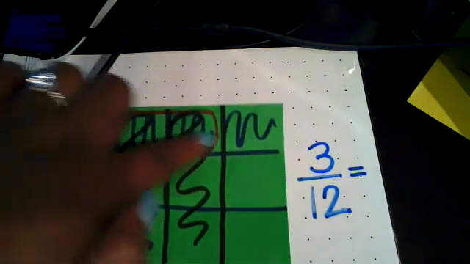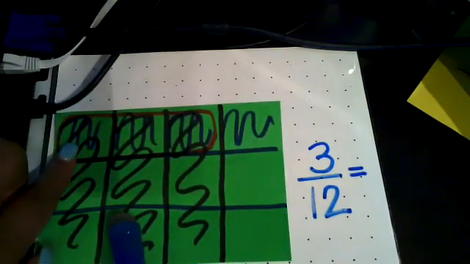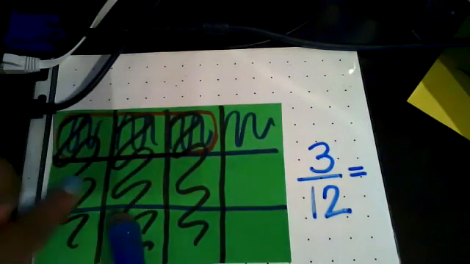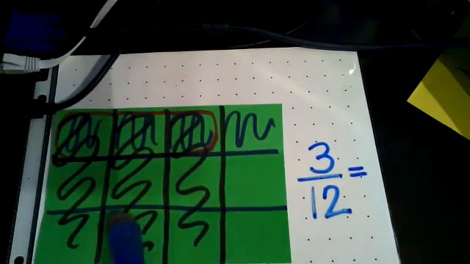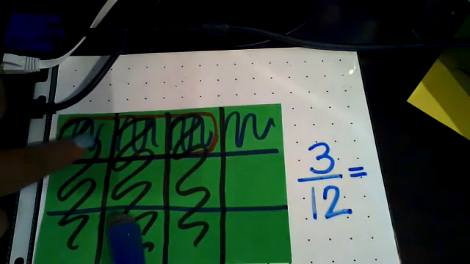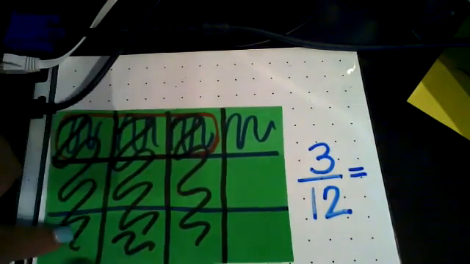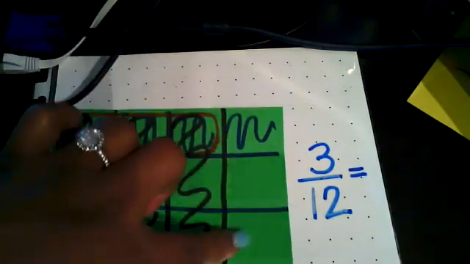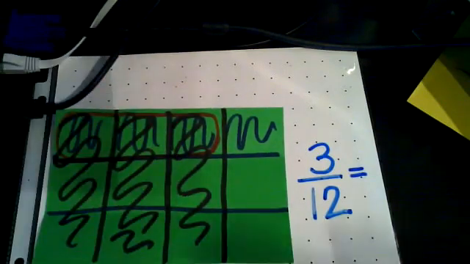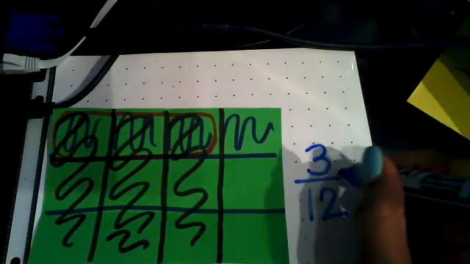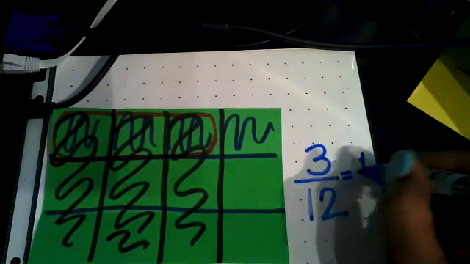If I put them in groups of 3, because I know I have 3 out of 12, how many groups of 3s can I get out of 12? Well, let's see. This is 1 group. This is 2 groups. This is 3 groups. This is 4 groups. So therefore, this can simplify to be 1/4.